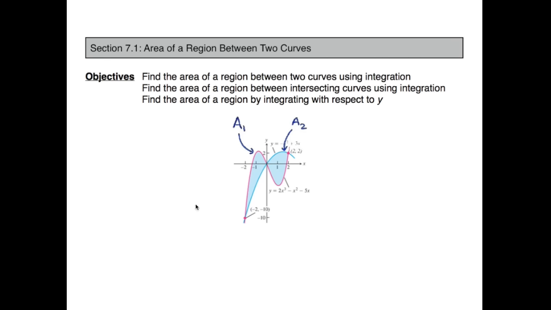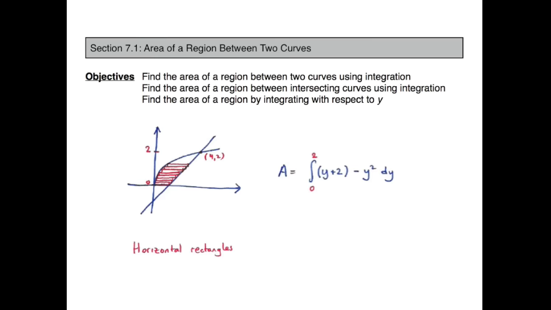You need to break down the region into separate parts if the curve that is above changes. And finally, find the area of a region by integrating with respect to y. We pile up horizontal rectangles, so the infinitely small width is dy. The height of the rectangle is, in this example, y plus 2 minus y squared.